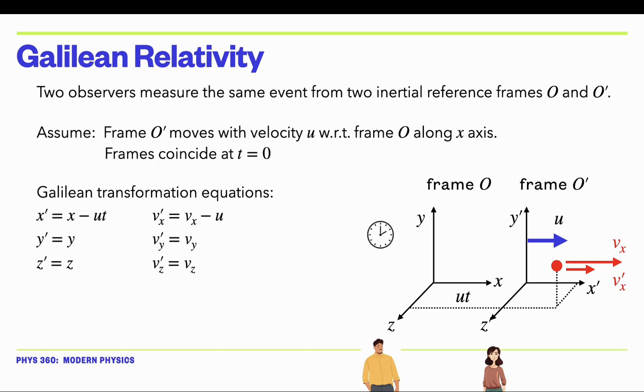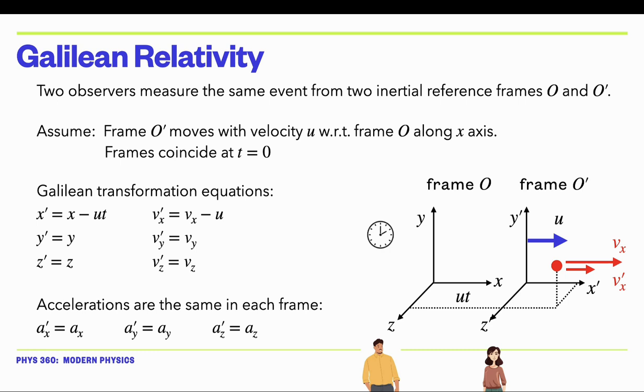So if we wanted to figure out what vx prime is, you just take vx and you subtract the relative motion between the coordinate systems. Because, again, we're assuming that the motion between the coordinate systems is entirely in the x direction, this is why there's no contribution of u to vy or vz.